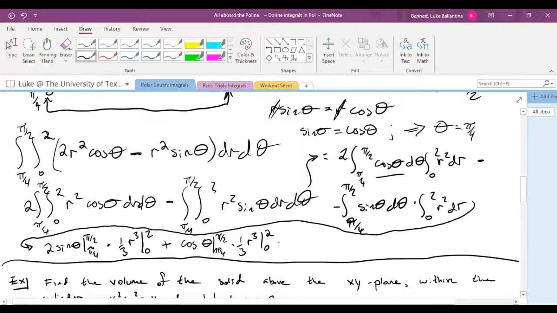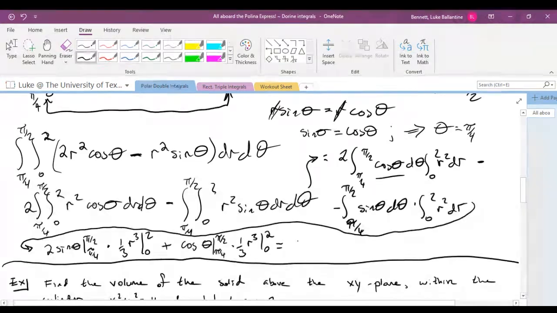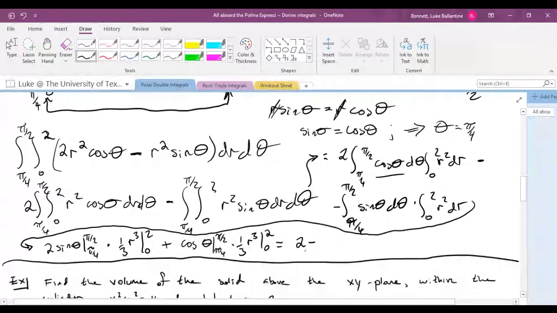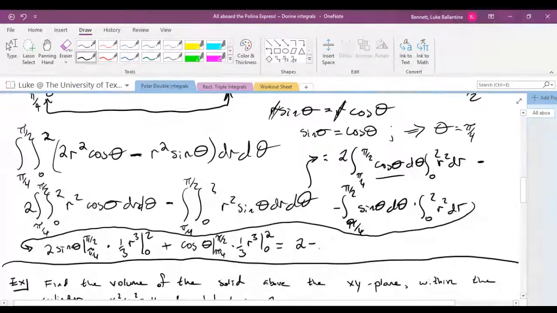And what do we get? You just have to plug in function evaluation. So 2 times sine of pi over 2 is just 2, minus square root of 2 over 2 times 2 is root 2.